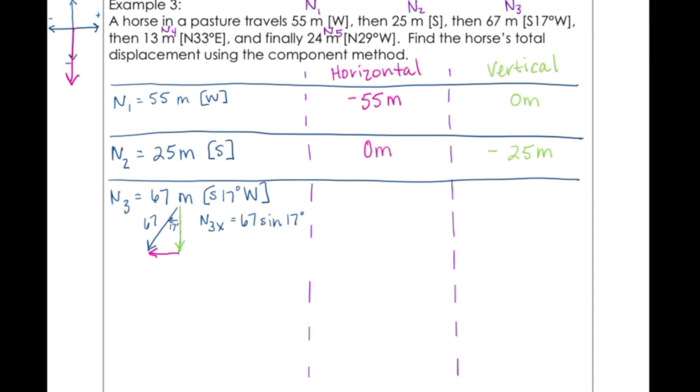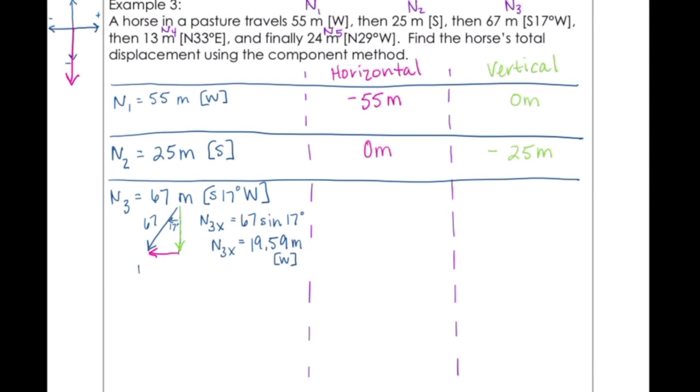And so we should get that N3 of x is equal to 19.59 meters, and it is in the west direction.